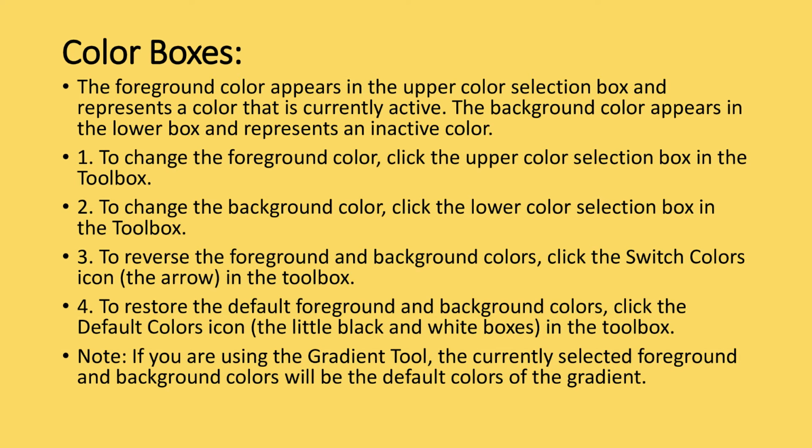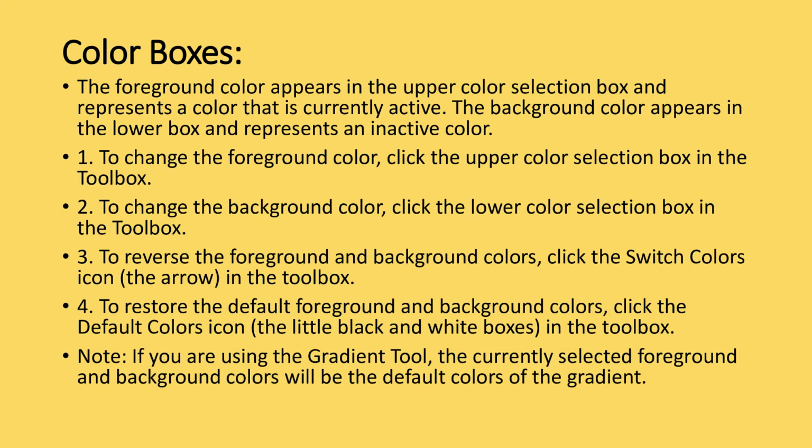To change the foreground color, click the upper color selection box in the toolbox. To change the background color, click the lower color selection box in the toolbox. To reverse the default foreground and background colors, click on the default color icon in the toolbox.